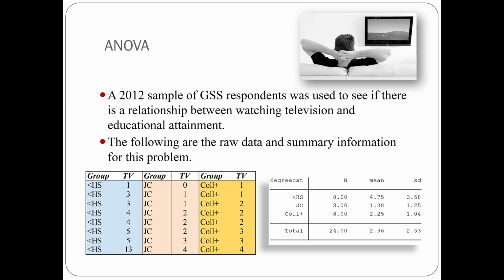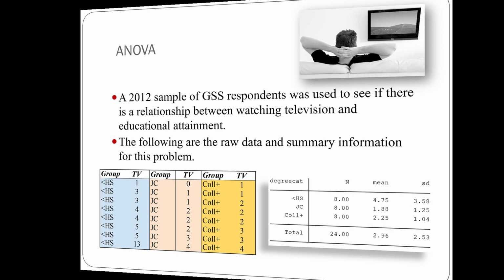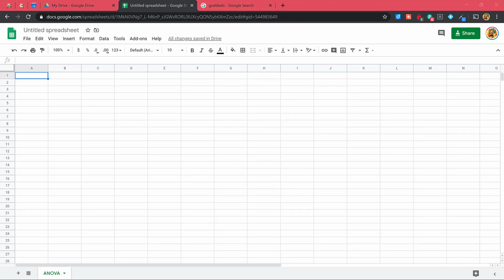Let's hop over to a Google Sheet where I'll show you how to enter the data, put them into a format that'll be relatively easy to calculate ANOVA, and then we'll go ahead and solve for all these variances and complete our ANOVA table. So here's my Google Sheet, and in column A I'm going to enter the information for highest academic degree achieved, and in column B the television hours.